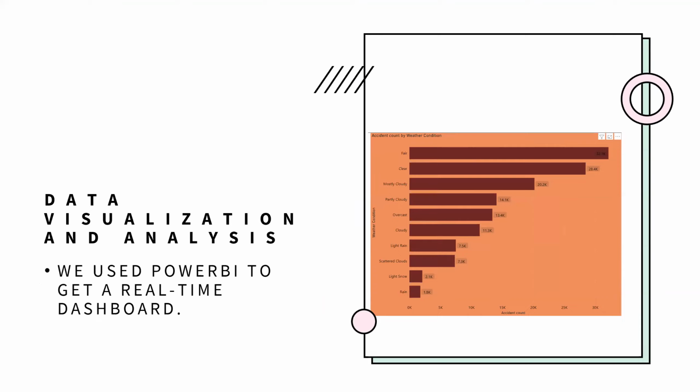This gives us information about the accident counts in the region, depending upon the weather conditions. As we can see, most of the accidents happen when the weather conditions were fair. This visualization gives a brief understanding of how the weather conditions affect the accident count.